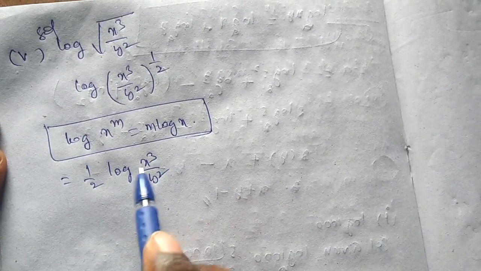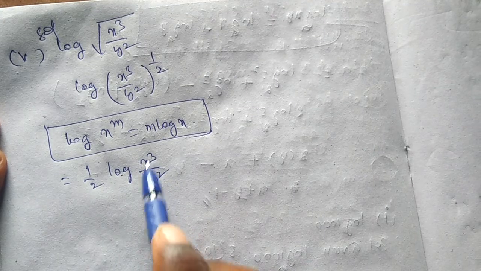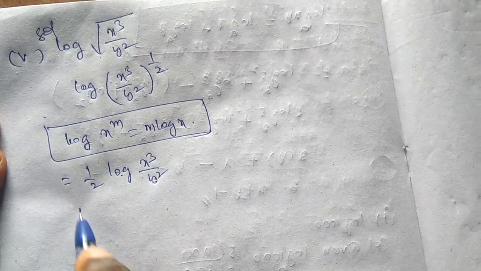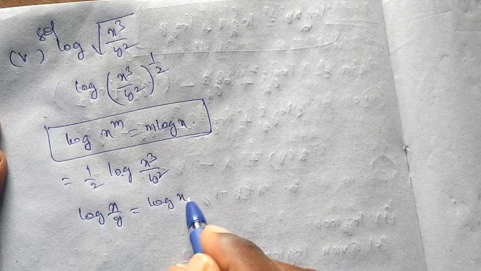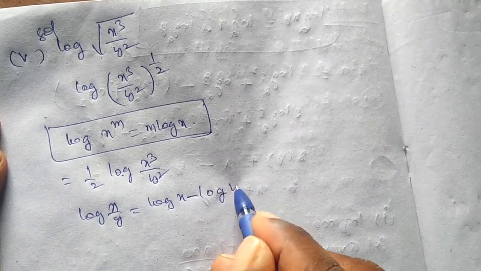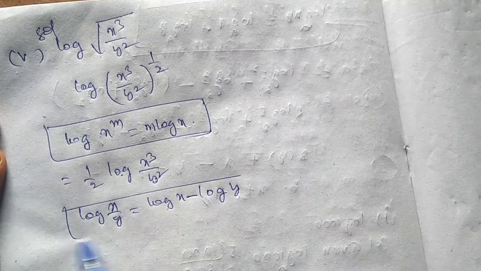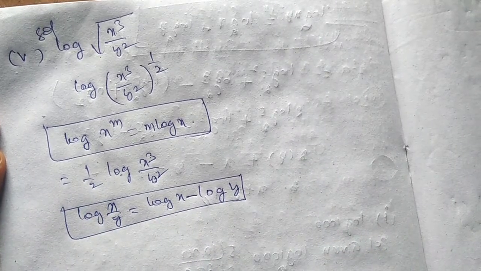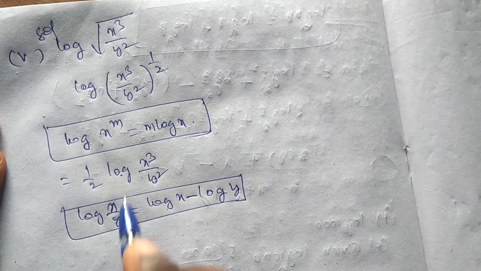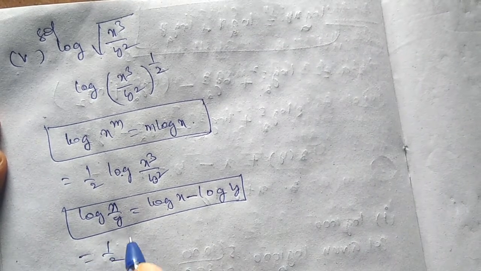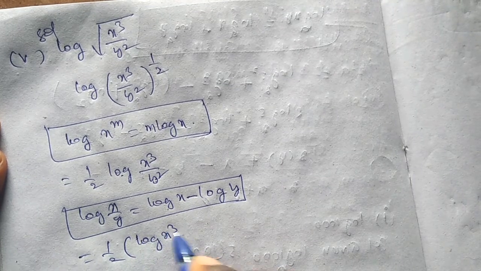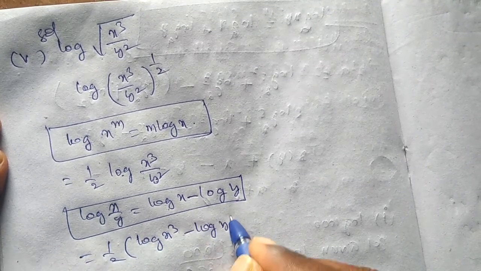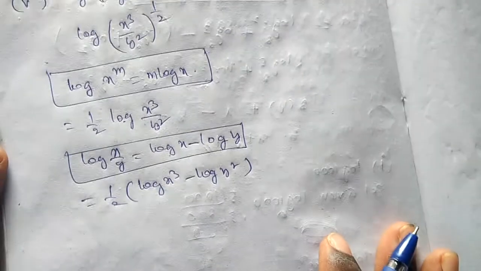Then we know the formula, log x by y is equal to log x minus log y. I apply this formula here: 1 by 2 into log x cube minus log y square.